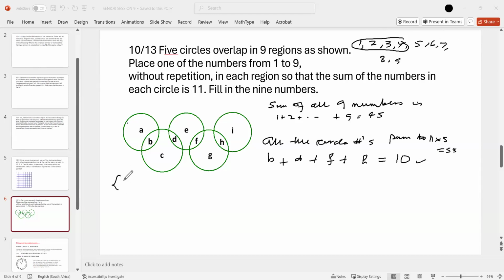So the conclusion is that B, D, F, and H, we don't know where they are situated, but they are 1, 2, 3, and 4. Could be 2, 1, 4, 3, or 4, 2, 3, 1, or whatever. And the remaining 5 numbers are in the outside regions. A, E, I, C, and G are 5, 6, 7, 8, 9.